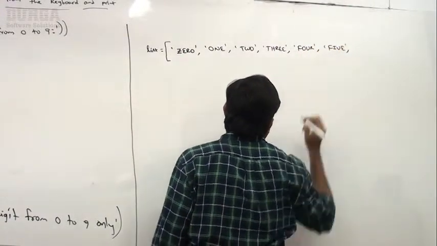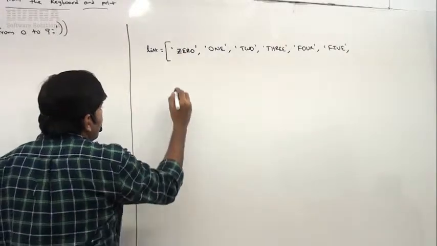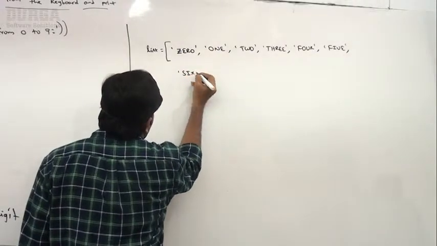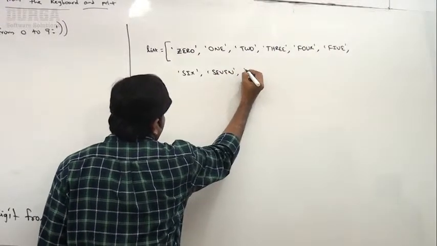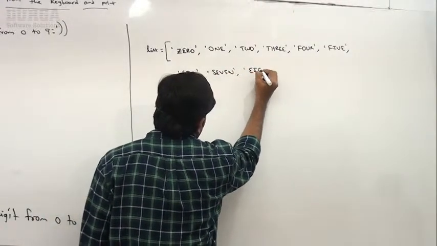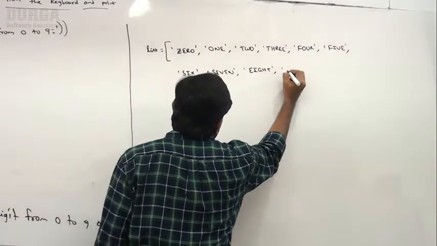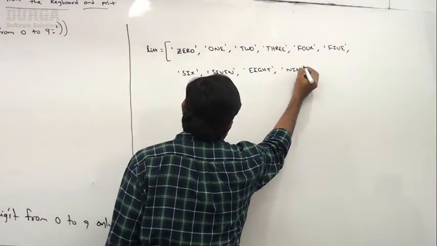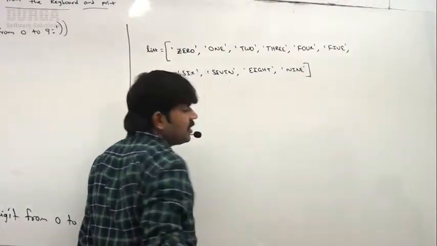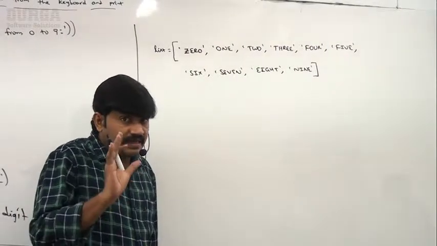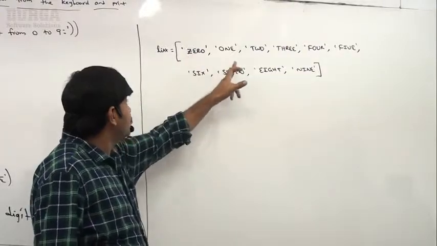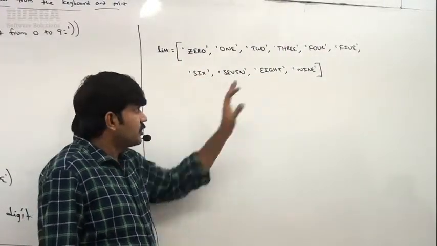Now next one 6, 7, next 8. Next, 9 I'm taking. That's all, it is the list. In this list, how many values are there? 10 values are there. All are strings, a list of 10 strings.